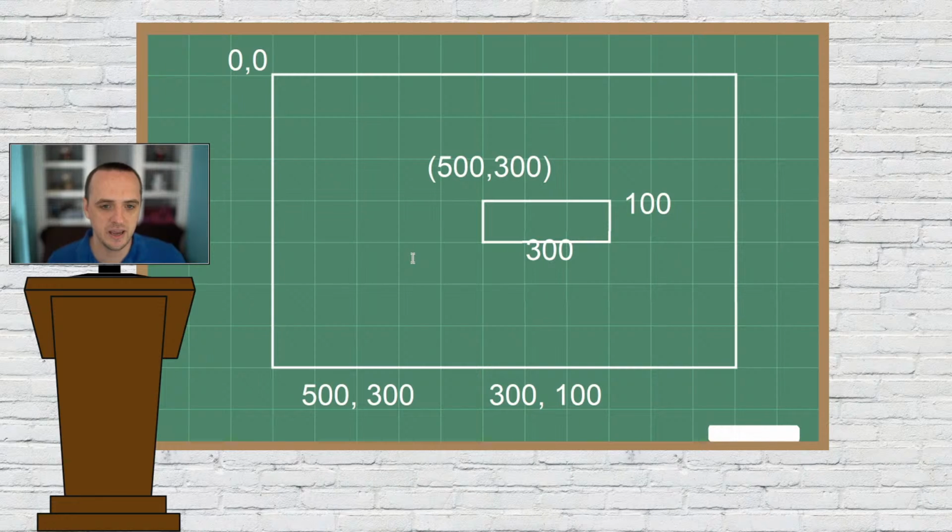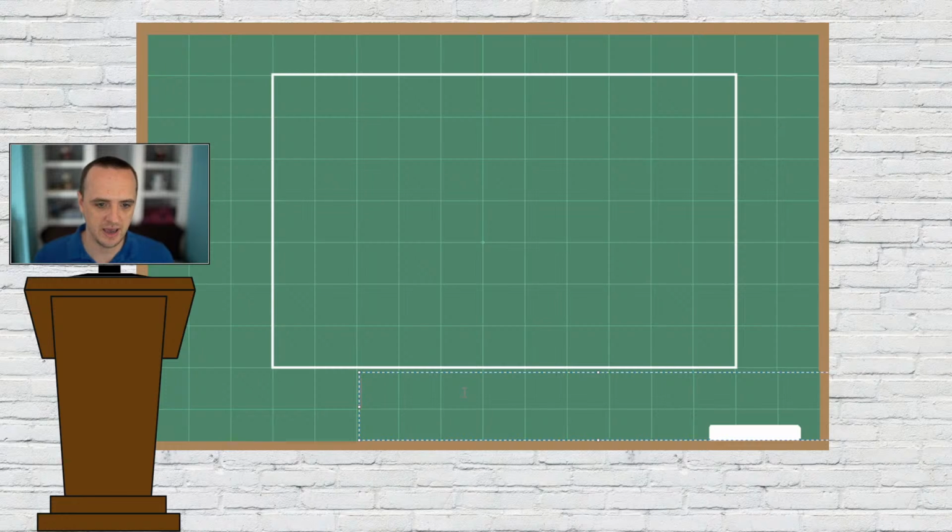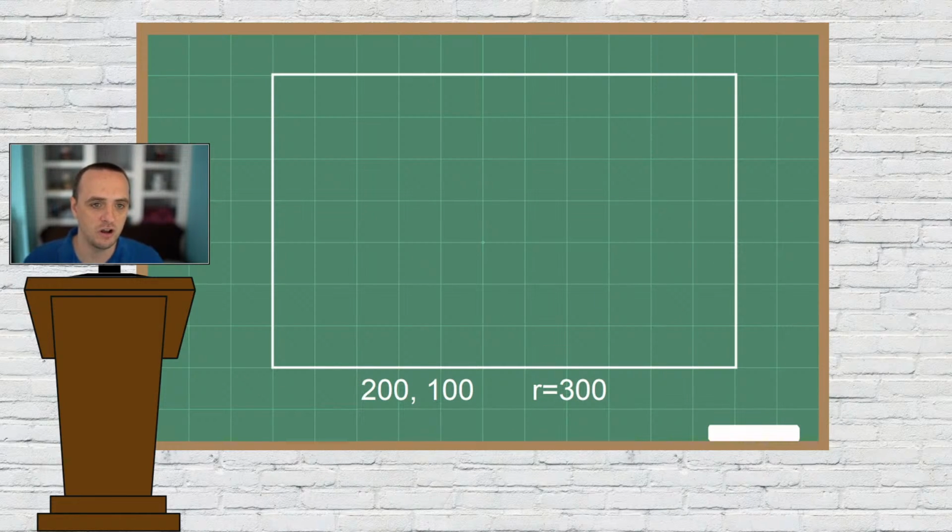Now, if I had a circle, for example, and I wanted the circle to be at, let's say, 200 in the X direction, and let's say 100 in the Y direction, and the radius of the circle is going to be 300, okay? So how would I draw that one?